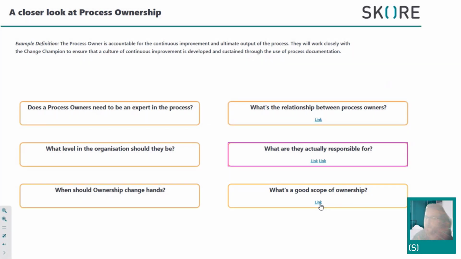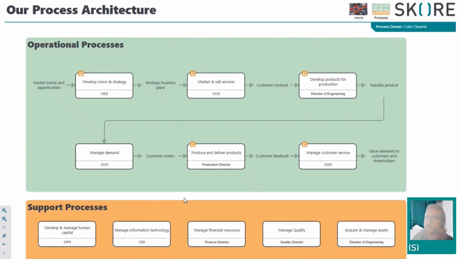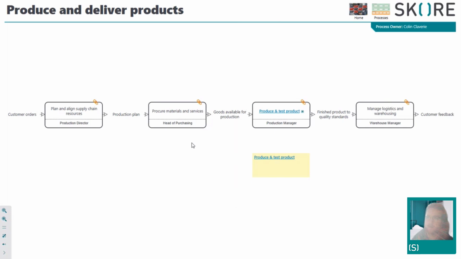And then what's a good scope of ownership? Again, no one size fits all here, and this arcs back to organisations spending the time to define an architecture, what we call process architecture, or process framework is often another term that's used. Again, this is just one example that you'll have seen us use a few times by now, but actually working out who owns what levels, how does it break down into the different processes.